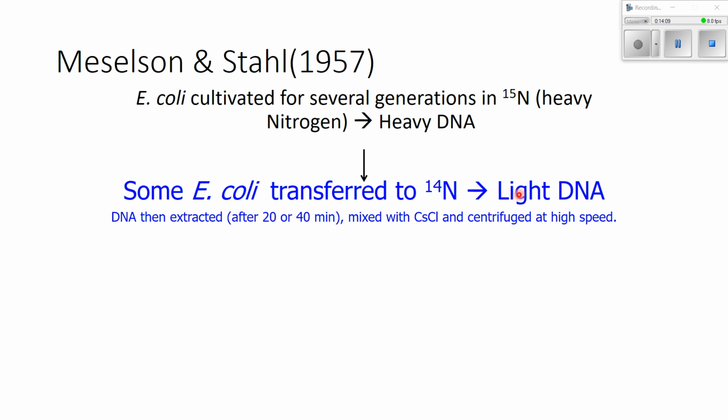So the first time they did this, they only left the bacteria in the light nitrogen for 20 minutes. That's exactly enough time for E. coli to make one copy of the DNA.